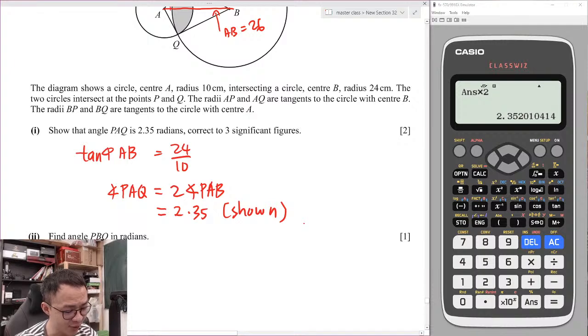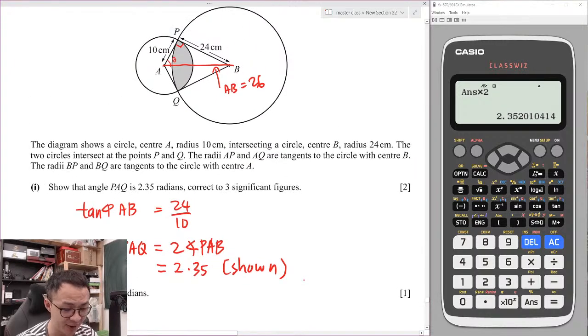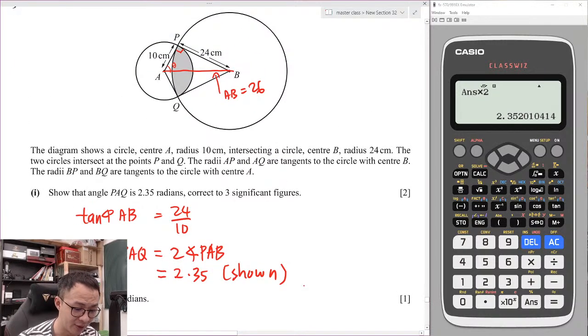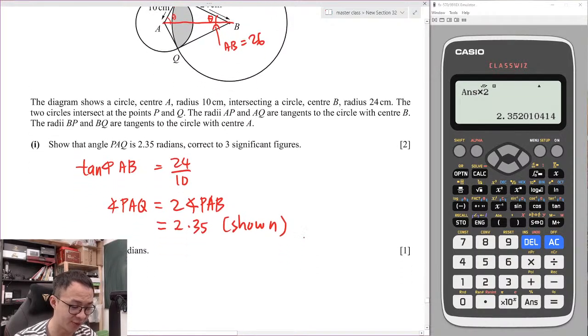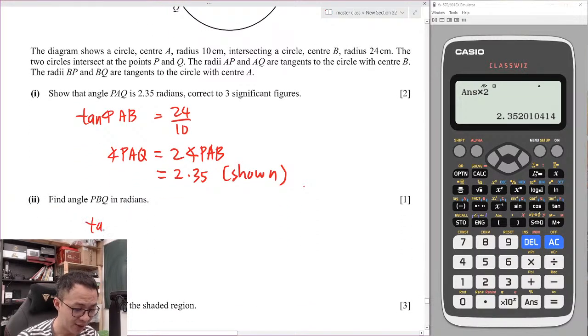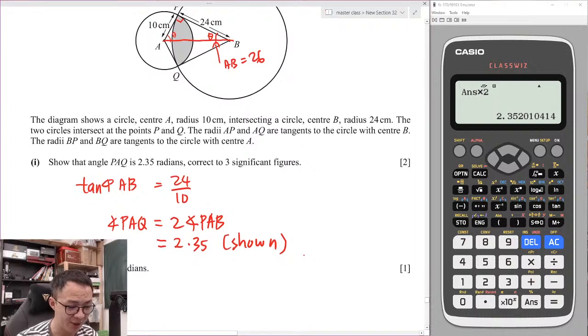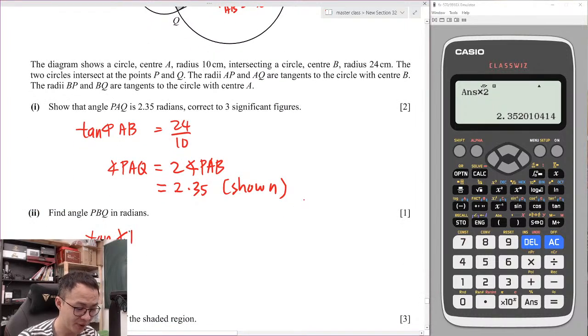Then they ask us to find the angle PBQ. Same thing, you need to solve this angle here, using the tangent as well. So tangent of angle PBA equals 10 over 24.